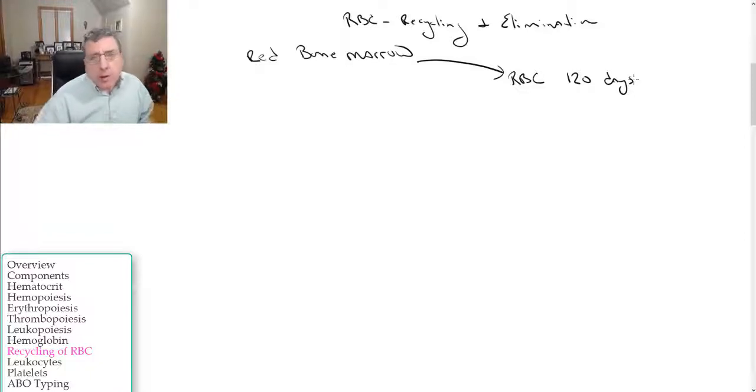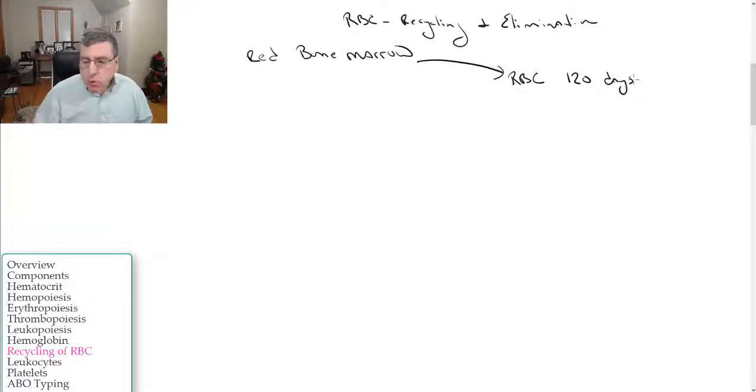Now, again, remember that the red blood cell doesn't have a nucleus. It doesn't have any cellular organelles, so it doesn't deal with the repair phase. And the red blood cell is squeezed through some very tight areas a lot of times, and it does take some wear and tear. So the lifespan is approximately 120 days.